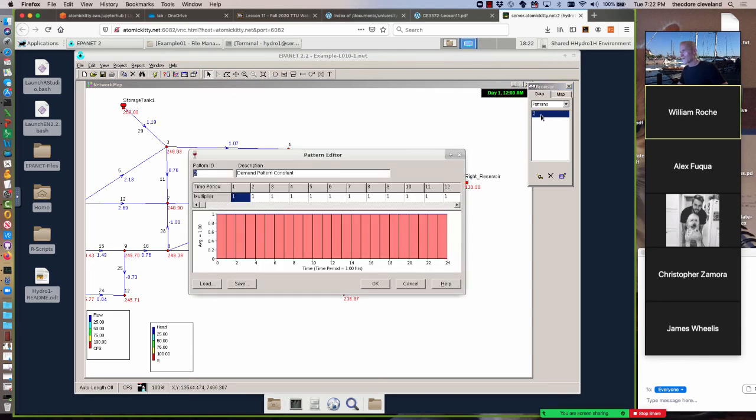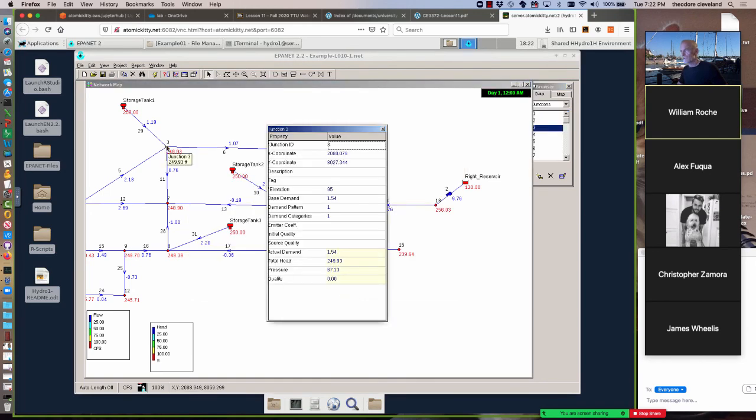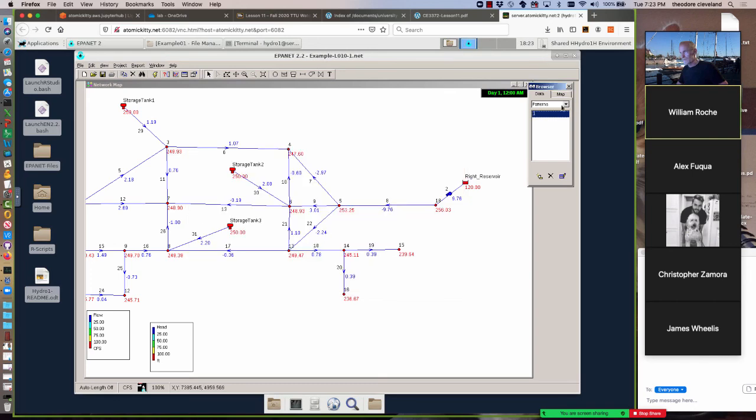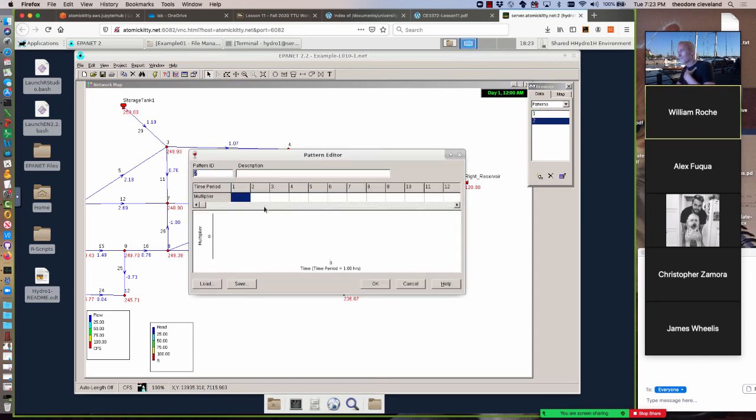And it ignored me because it is a piece of junk. Good, so demand pattern 1 still exists. And edit. My bad. Let me edit this back to pattern number 1. I'll add a new pattern called pattern number 2.